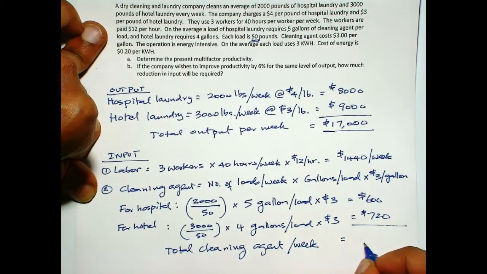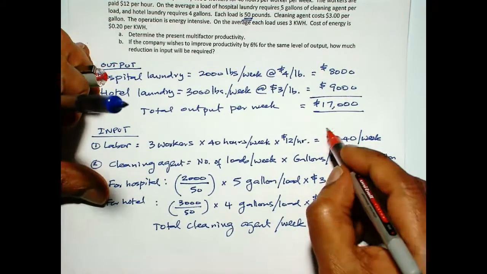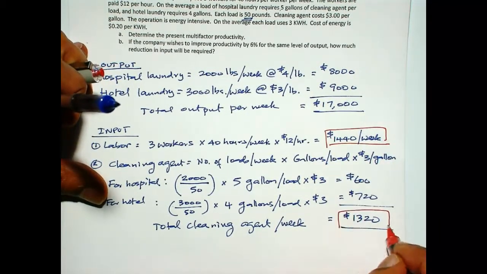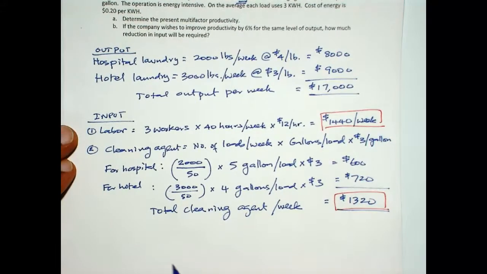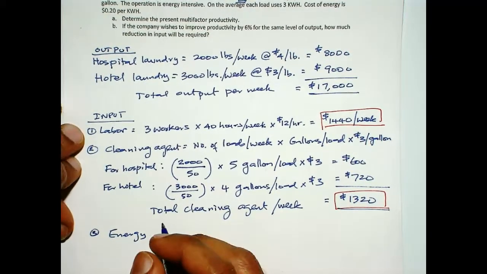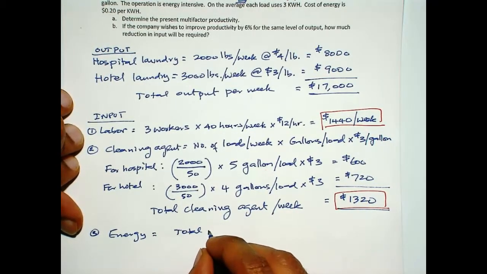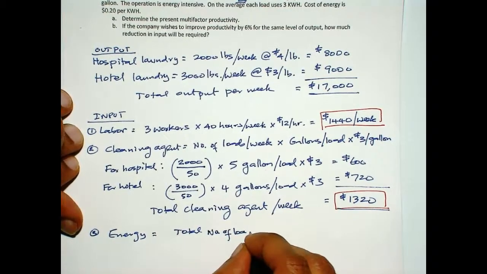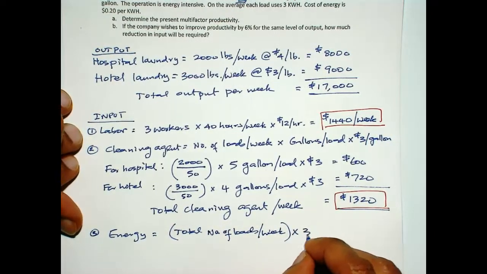So now we have the first input, we have the second input, and we need the third input, which is energy. That is equal to total number of loads per week times 3 kilowatt hour. So we have 3 kilowatt hour per load times 20 cents.